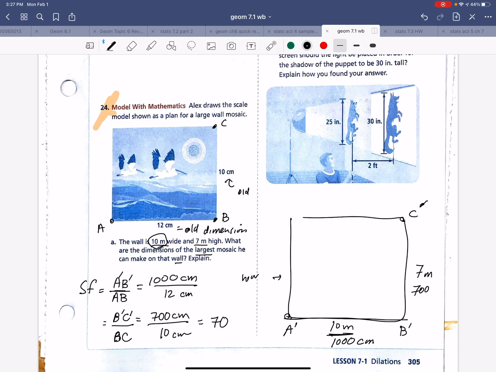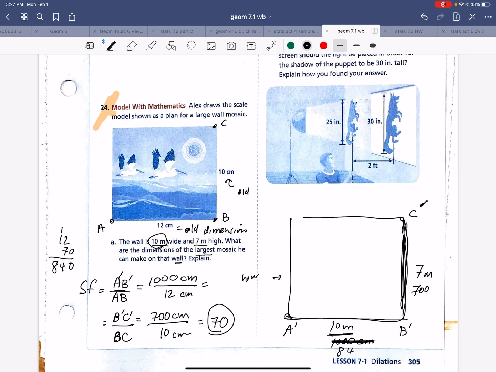Let's see, if I took 12 times 70, what do I get? 840. Yeah, so that's the biggest one, is a scale factor of 70. The largest mosaic he can make is 7 times bigger.